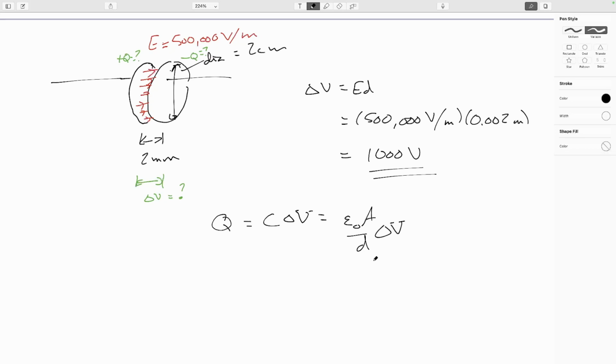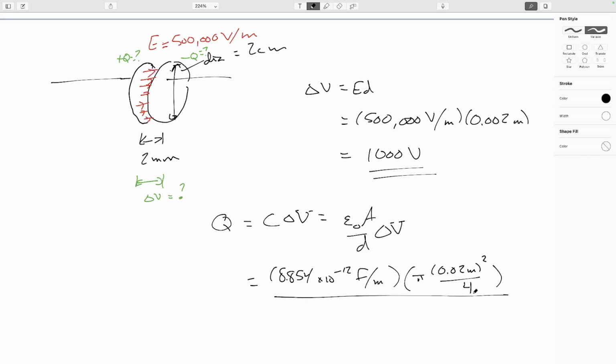So we can just start plugging it in here. Epsilon naught will be 8.854 times 10 to the negative 12 farads per meter. The area is going to be pi times 0.02 meters squared over 4. The separation is going to be 0.002 meters.